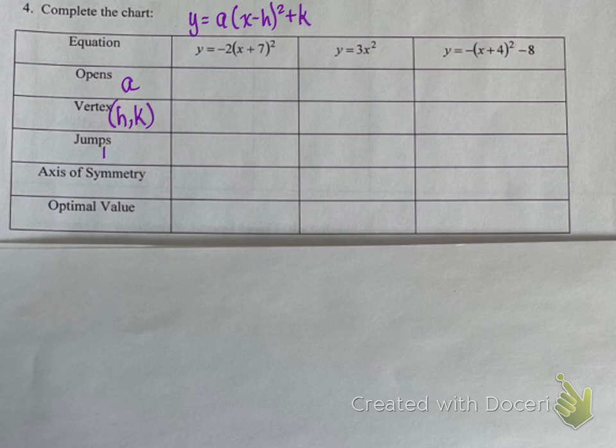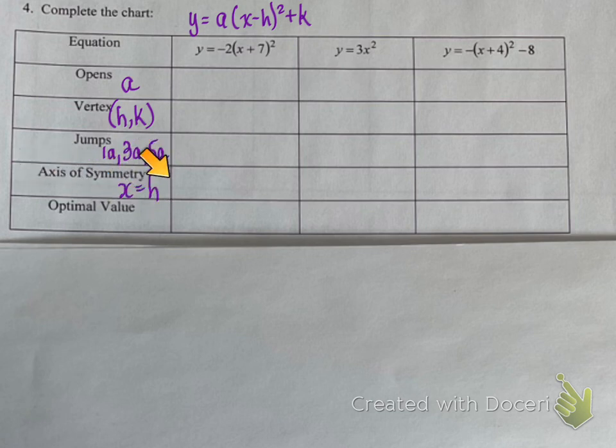Our jumps are always 1a, 3a, 5a. We just did an example of that a moment ago. Now, something added is axis of symmetry. That's not new. We have done them, but I just want you to be aware. The axis of symmetry is x equals h. That's right, the x value of the vertex, also known as h. x equals h is our axis of symmetry.